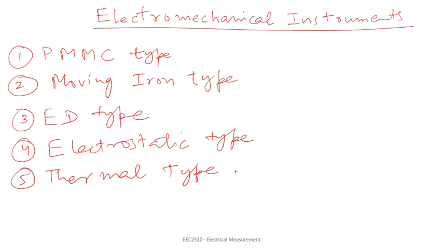Okay. So, all of the instruments have their separate construction and their way of operation. And each of them has its separate advantages or disadvantages, which we will discuss as we discuss the specific type of instrument. Now, of these types of electromechanical instruments which we have to study, this PMMC type can measure the DC values, that is the DC current or DC voltage.